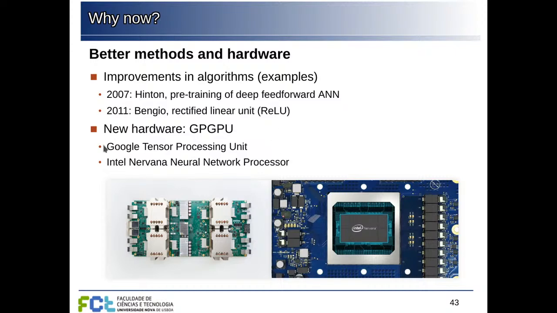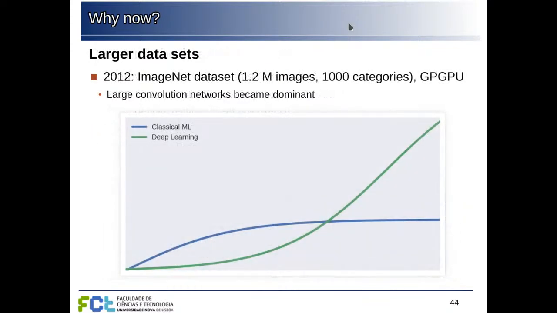But nowadays we have very specific circuits for this. So the tensor processing units from Google and the Nervana from Intel, we have processors that are specifically designed for training deep neural networks. And these large data sets and better computation really changed the whole game.